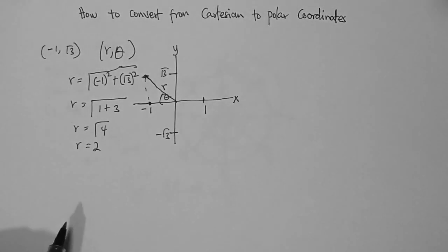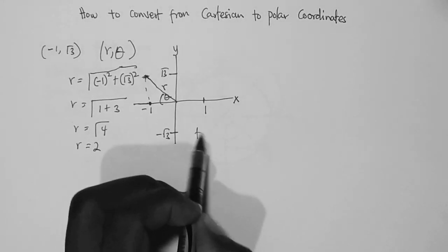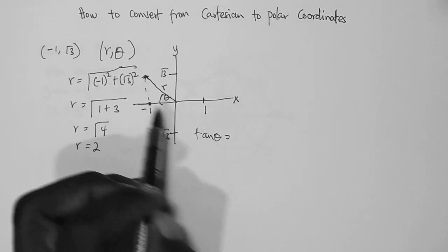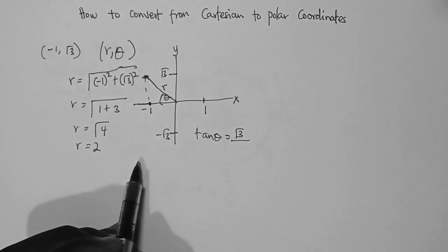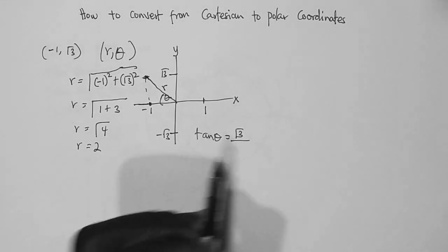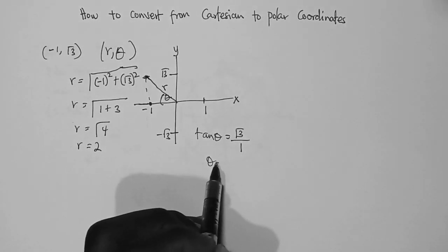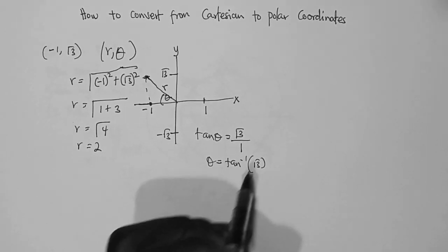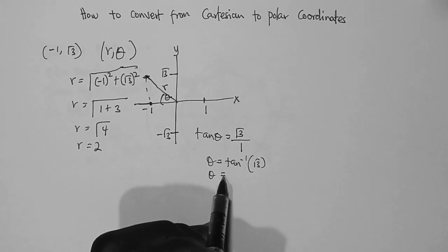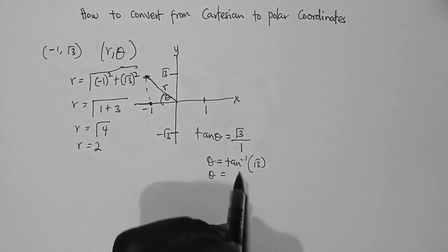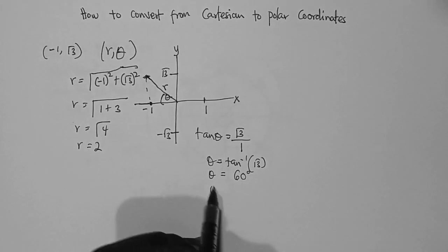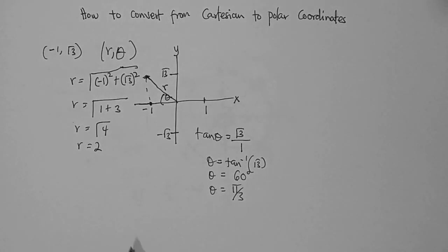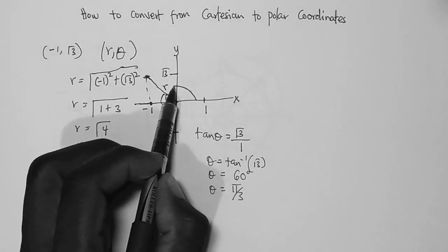So if we join this together, you will see that tan theta is equal to the opposite, and the opposite in this case is root 3, divided by the adjacent, and the adjacent is 1. So theta is equal to tan inverse of root 3, and tan inverse of root 3 is equal to 60 degrees. Now 60 degrees in terms of pi radians is equal to pi over 3. But remember that we are moving all the way from here to this place.